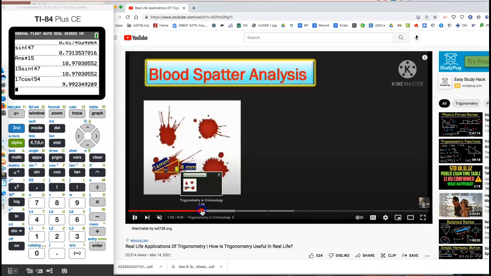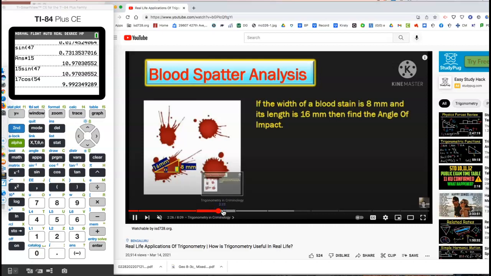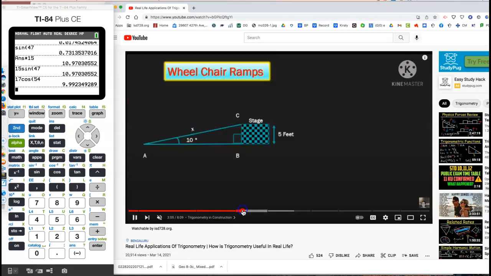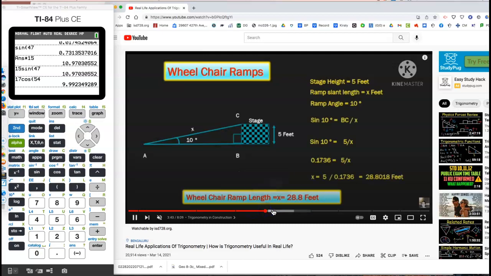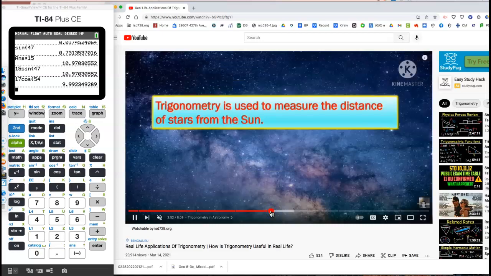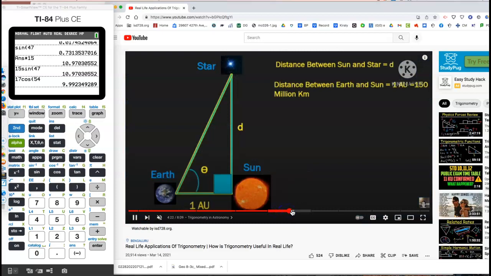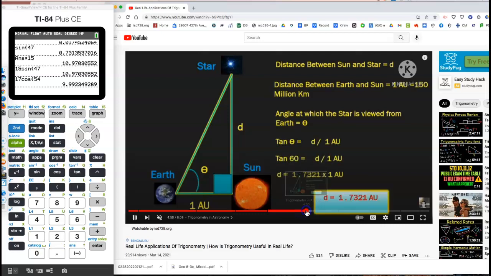It's used in criminology for blood splatter, finding the angle of impact. I don't know how yet, I just want to show you where it's going here. It's used in construction a lot, in particular for things like ramps and escalators that make natural right triangles. It's used in astronomy and astrology for sun and star distances, again, where things are so large it'd be really hard to measure.